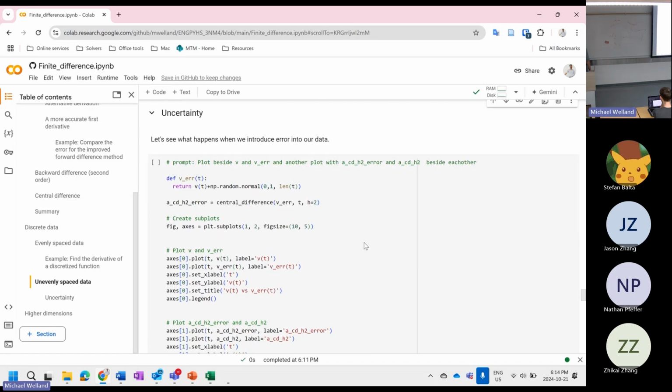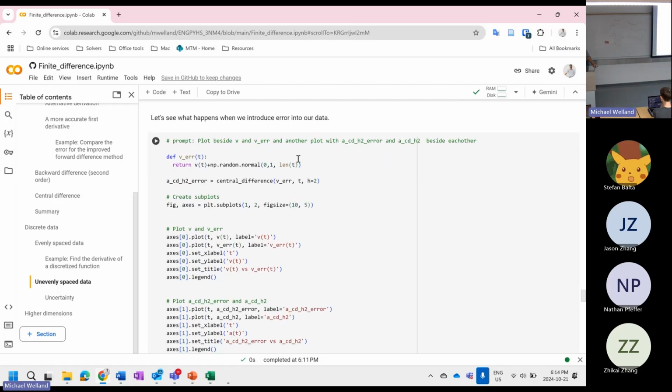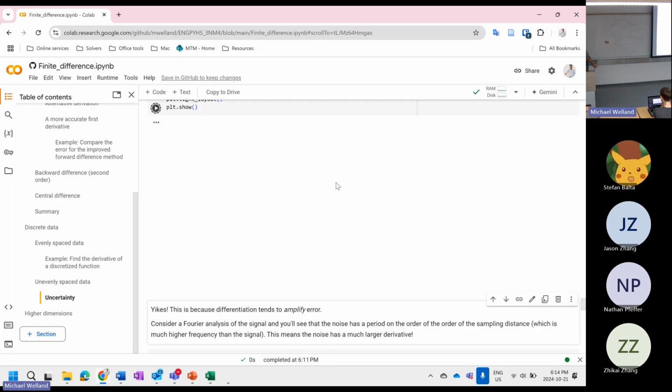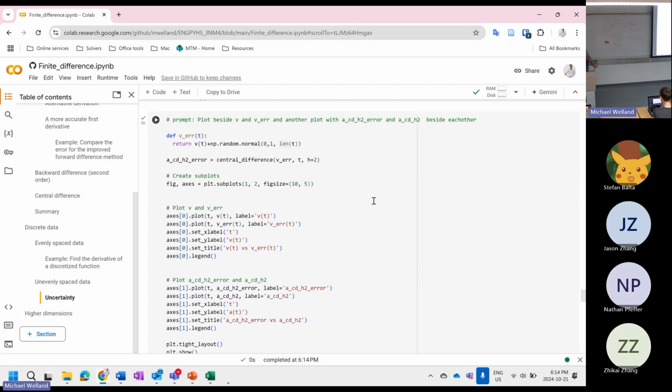The other problem with this is what we do with uncertainty. I'm going to shoot for the whole lesson here. Let's see what happens when we introduce error. There was a discussion earlier in the lab about using optimization for the computational methods, computational multiphysics course.